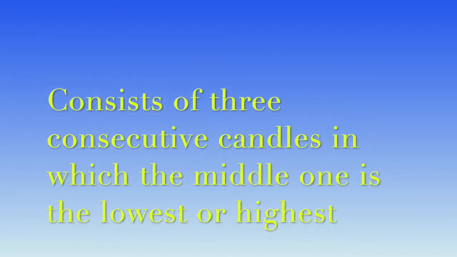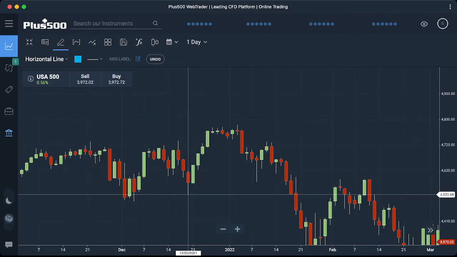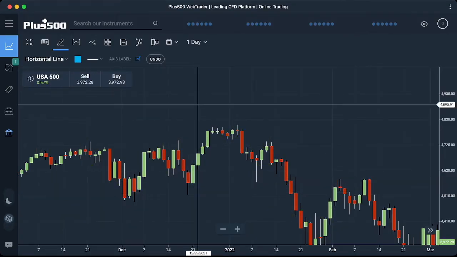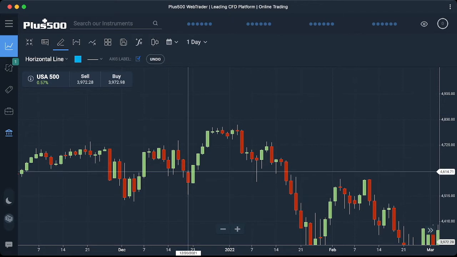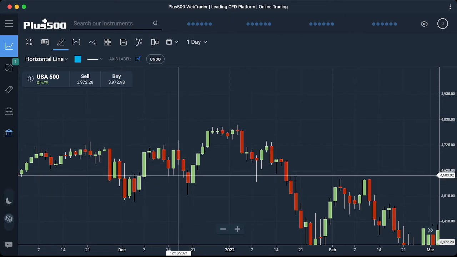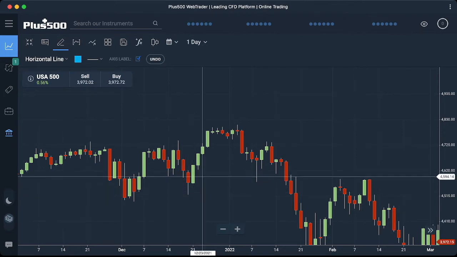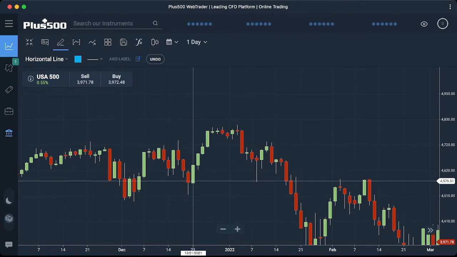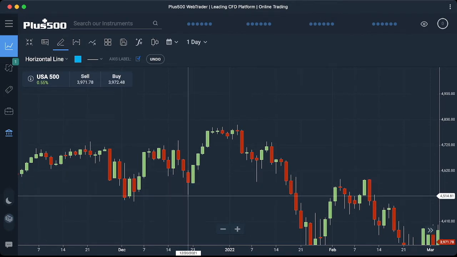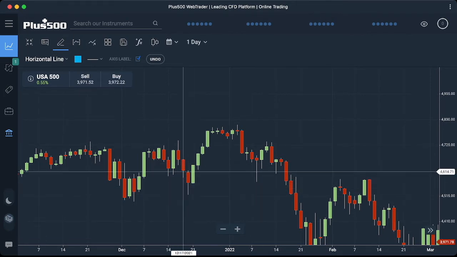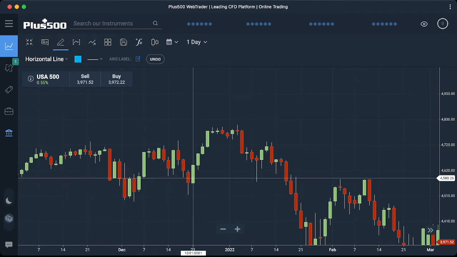One forms the low, then you have one candle on the left whose low is above this low, and the candle on the right side also has a low above this one. So these three candles form a swing low.